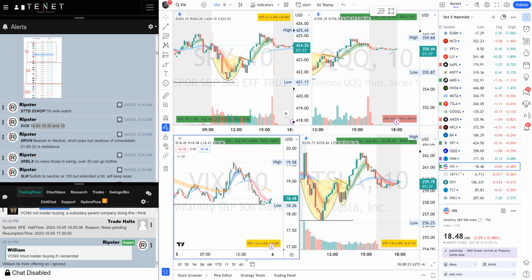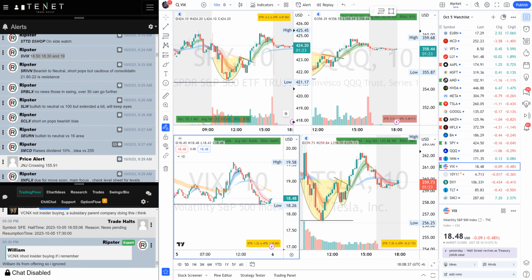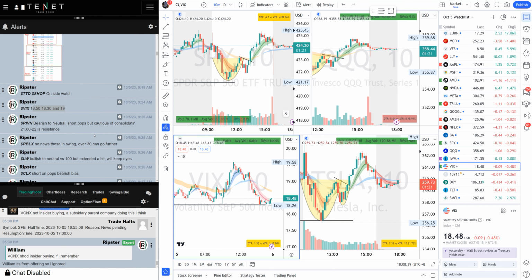You can see the plan was VIX, if it breaks under 19, then we will long it. If it holds 18.50, we will short the market, right? So we will watch that. Before I go there, I'll come to SPY and QQQ later, how we shorted in the morning, and let's start with the plays that we did.